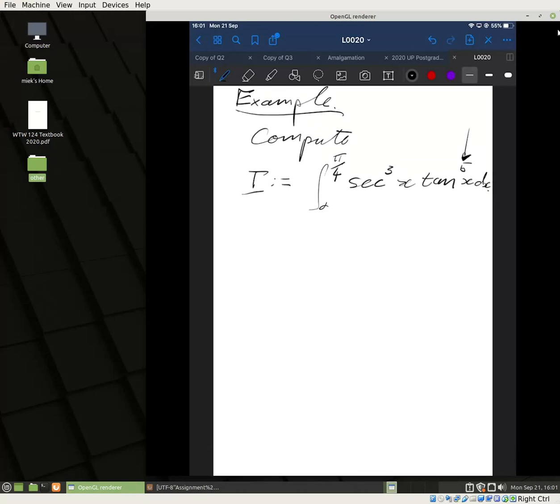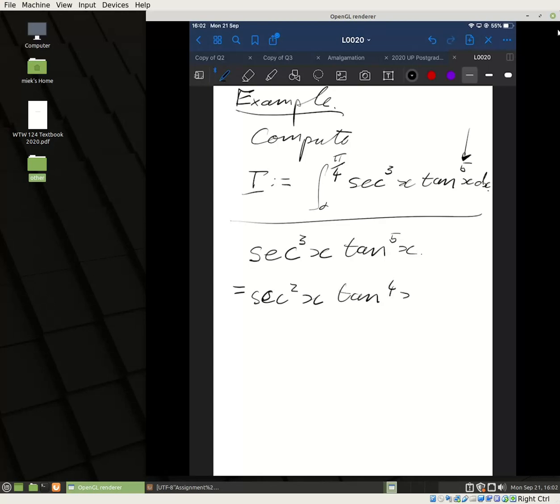So we are in the situation that we have just discussed. So let us rewrite our integrand into a form that we can actually integrate. So sec cubed tan to the 5 x. Let's take out a sec and a tan. So that becomes sec squared x tan to the 4 x multiplied with sec x tan x.